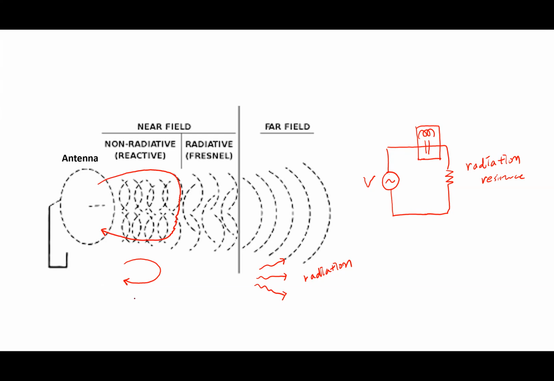So this kind of power is the reactive power, closely related to the imaginary part of the complex power. But the radiation is closely related to the time averaged power, which is a real valued power.